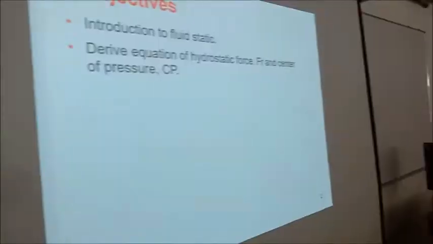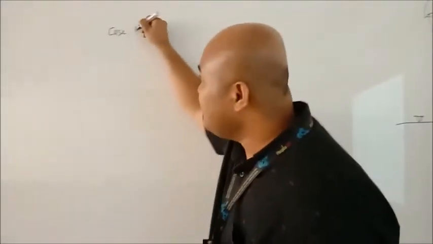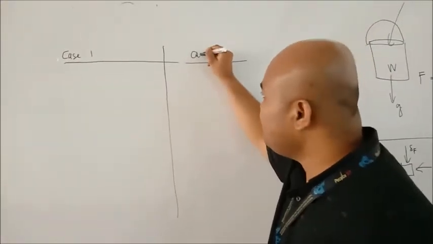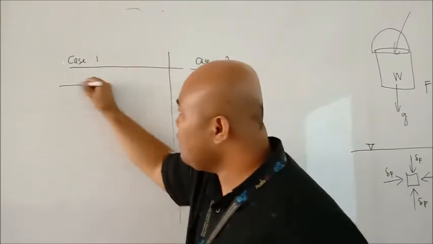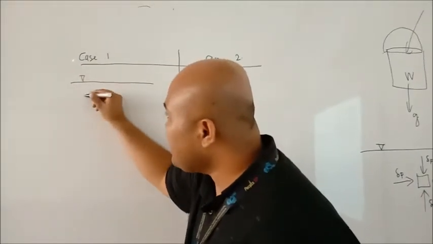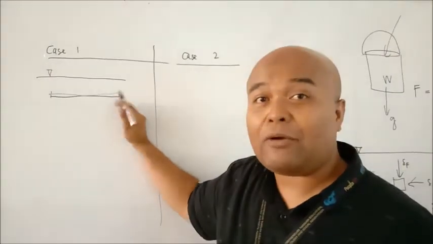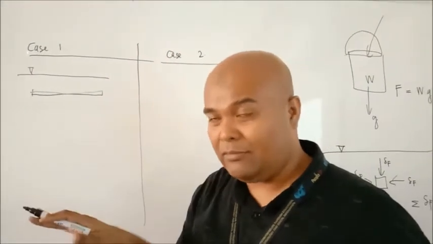Okey, jadi in fluid static discussion, there are two important case. Okay, case 1 dan case 2. Case 1 apabila objek berbentuk rectangular submerged in perfect horizontal, mendatar, alright ya.